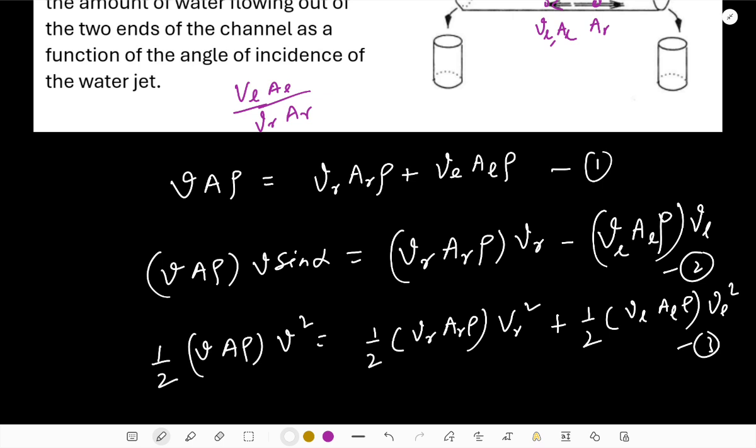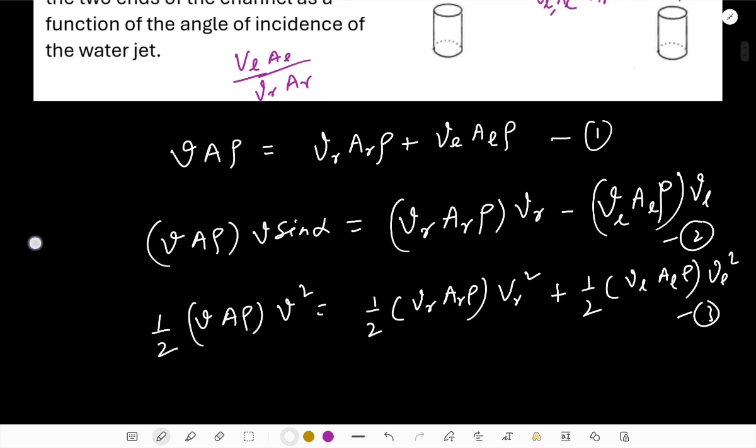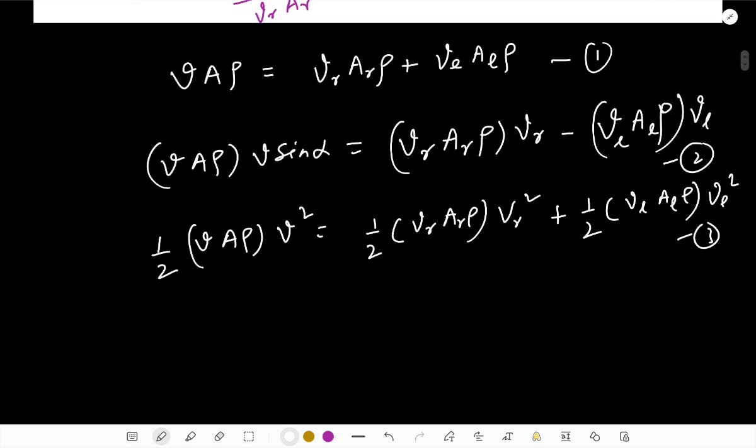So we must use some additional law of physics, and we know that for frictionless laminar fluid flow Bernoulli's equation is valid, according to which we can simply write half rho V square plus pressure P plus rho g h being constant.